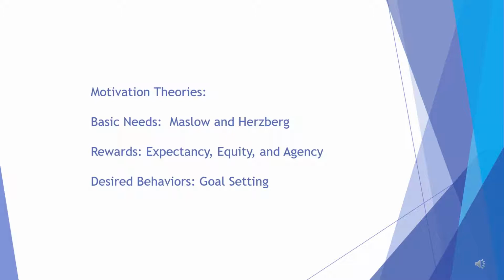So things like, do I have the tools to achieve the rewards? Is the reward equal to the output of energy that I have? And then also, how does this reward actually motivate? And then we have a third level here, and that is desired behaviors. So you're motivated by setting goals to achieve the desired behaviors.